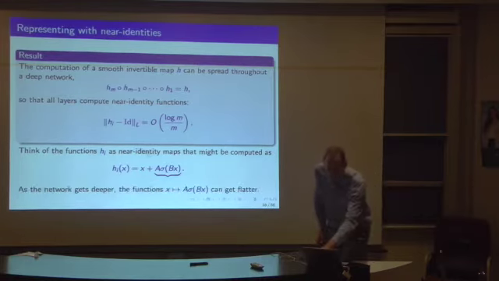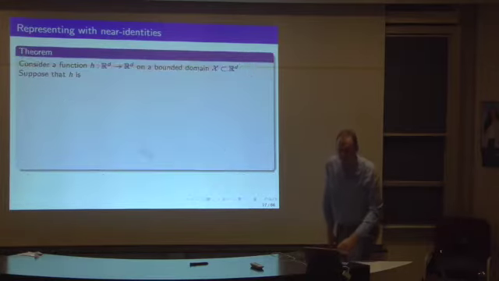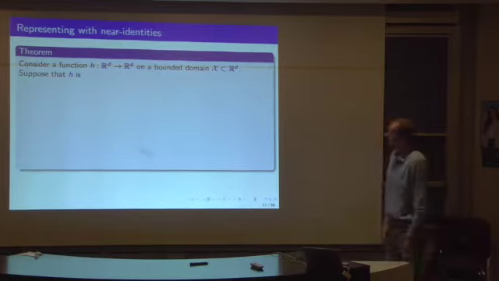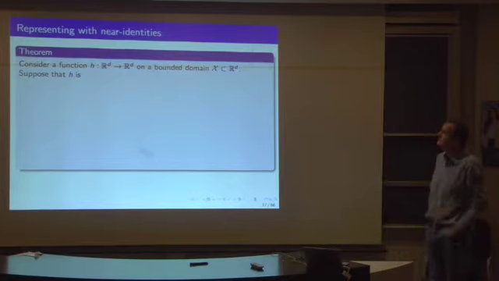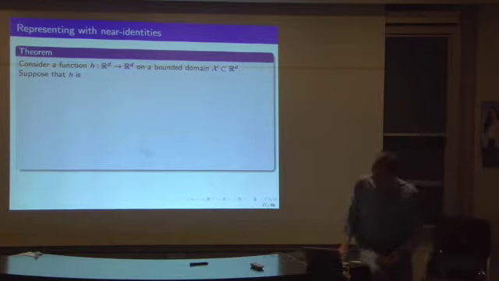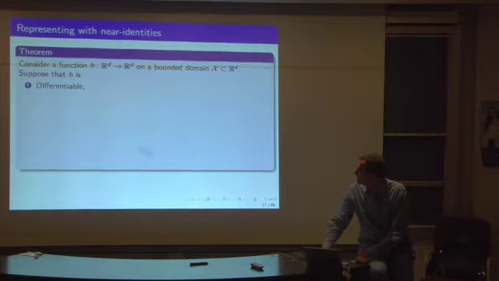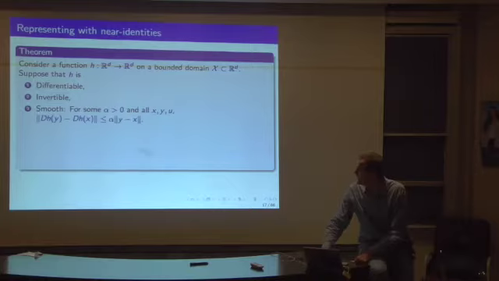Okay, so this is the intuition. Let me say that a bit more precisely. Our function H, we're going to restrict to a bounded domain. We're going to assume that H is differentiable, invertible, and smooth, so the derivative changes slowly as you move around.